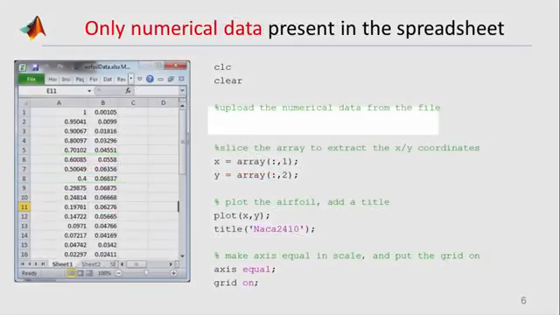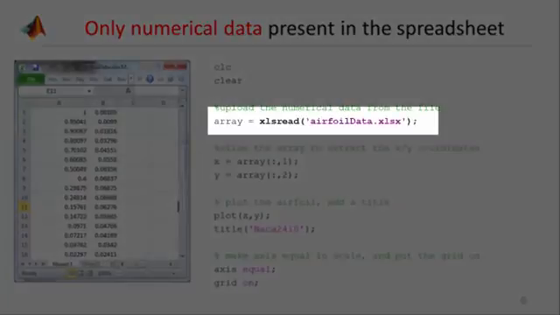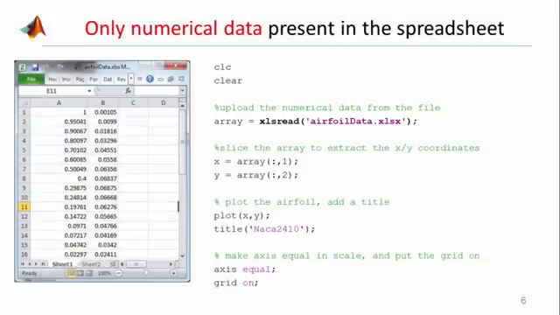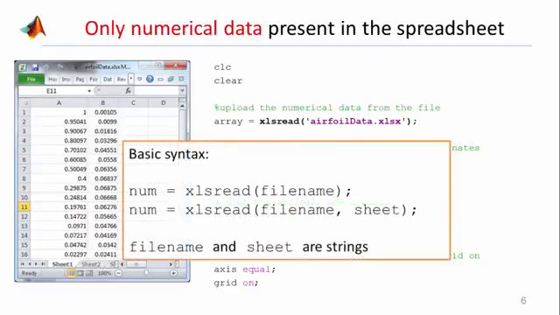So luckily enough, we don't have to change too much to this code. xlsread, and similarly we have a string, the name of the file. This will do the exact same code and produce the airfoil plot. The basic syntax for xlsread is num equals xlsread.